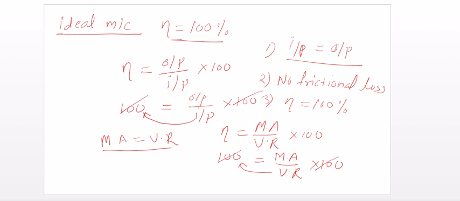Like this you need to understand each and every concept. So what have we remembered about the ideal machine? The efficiency of the machine is 100%, and mechanical advantage is equal to the velocity ratio. First characteristic: efficiency is 100%. Next is no frictional loss.